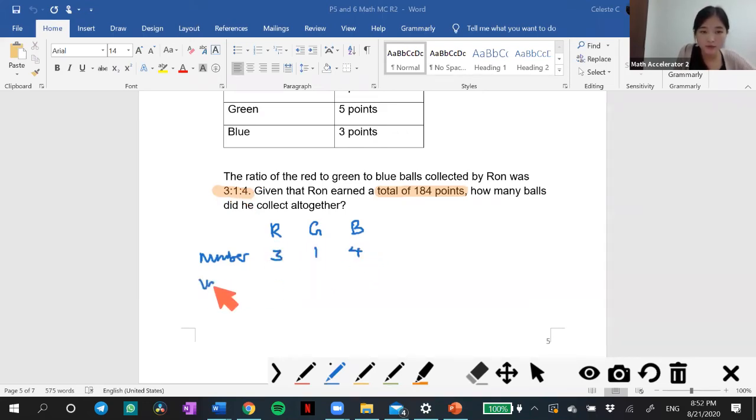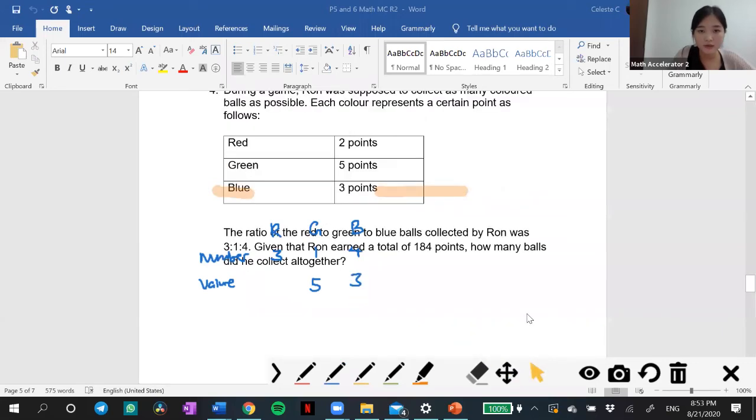What is the value? What are each of these items worth? Okay, looking at the question, they are worth points. Right, this question is about points. You can look at the hint in the total also. It's in points, 184 points. So the value must be in points. Okay, so fill it in. You have 5 for the green, 3 for the blue. The red one, you have 2.